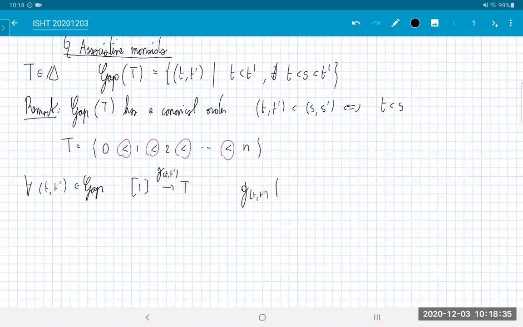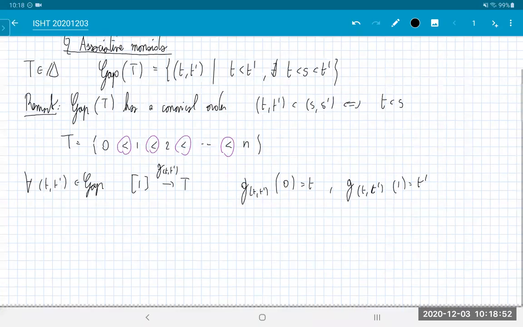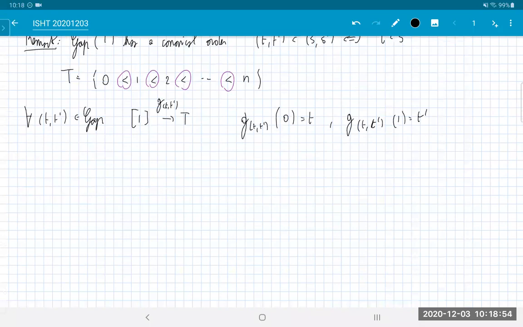G T T prime is just the obvious map you can define by picking the one simplex that witnesses exactly this gap. Okay, this is just a small bit of combinatorial trickery. Oh, and let me say that G i minus 1, i is defined to be G i for brevity when T is this set N.